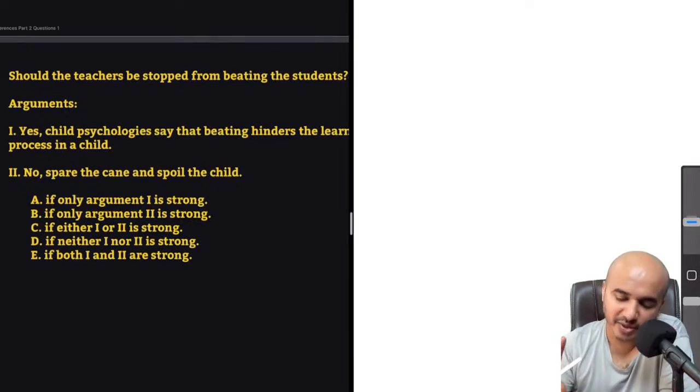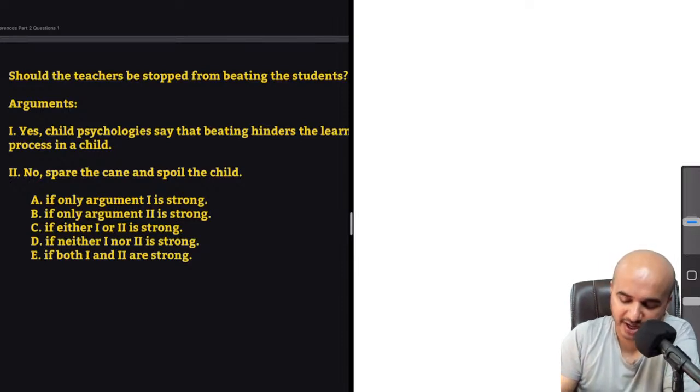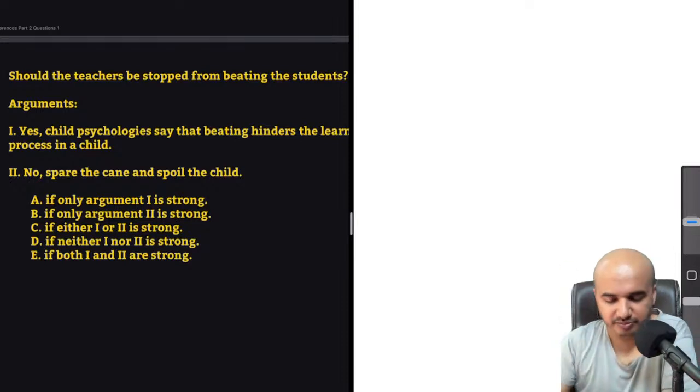We know for a fact that by hitting the children, we are actually making them learn less and less. So prohibit this entire practice of hitting. Why should a teacher hit and then make the child learn? So argument 2 doesn't make sense at all. Only argument 1 makes sense. So option A has to be selected.